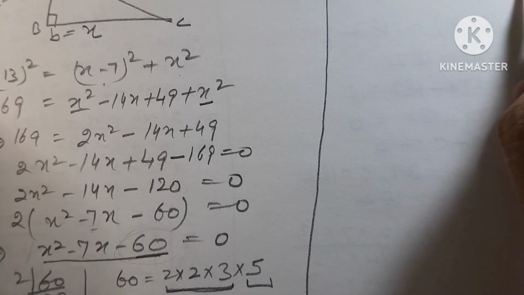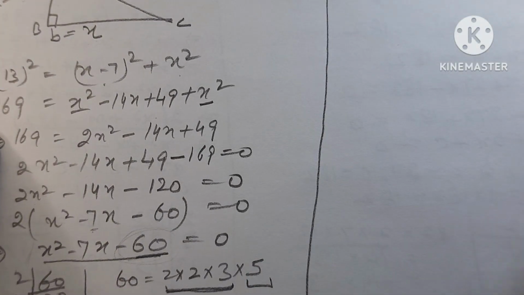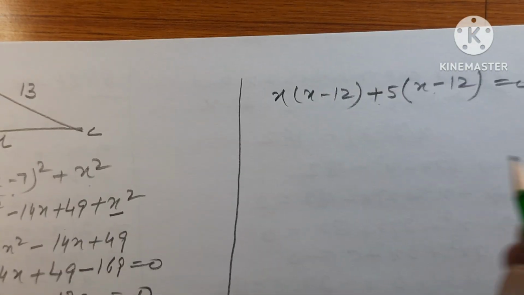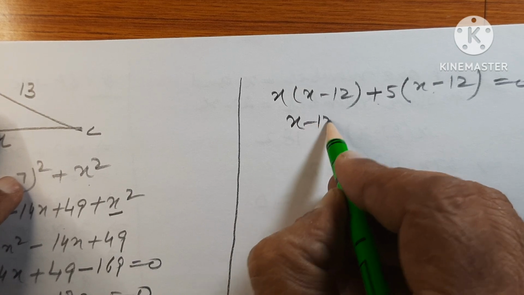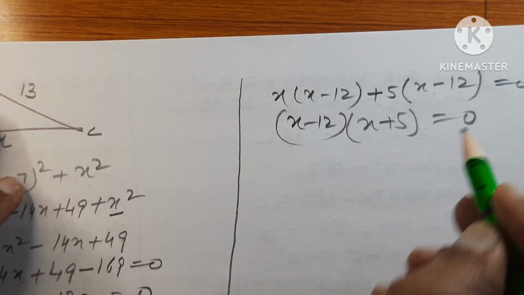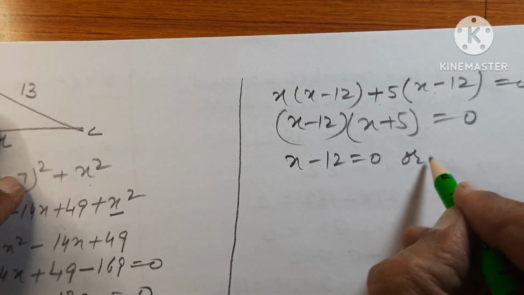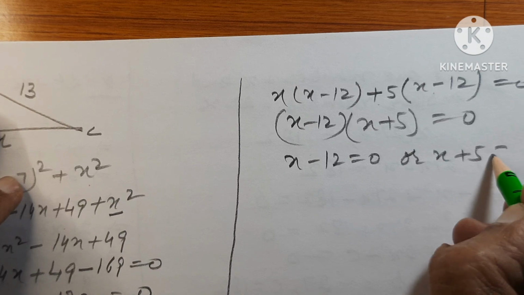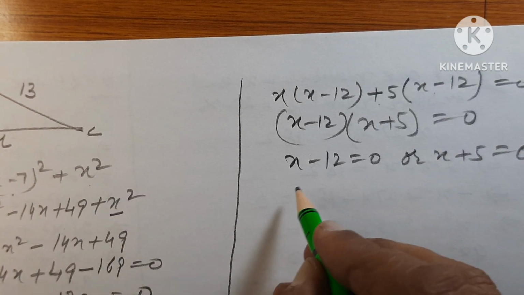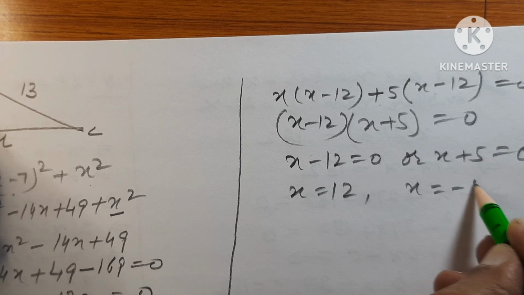No change of sign this time because plus is outside. It is equal to 0. x minus 12 and x plus 5 is equal to 0. So x minus 12 is equal to 0 or x plus 5 is equal to 0. That means x is equal to 12 and x is equal to minus 5.